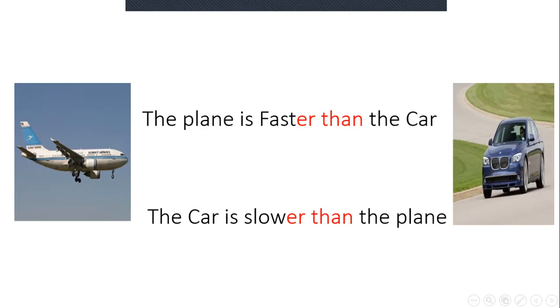This means that if we compare between two objects, two things, two persons, or two animals, we use short adjective plus er plus than. So here we use faster than. The plane is faster than the car. And also I can say the car is slower than the plane. Slower here is short adjective plus er plus than.